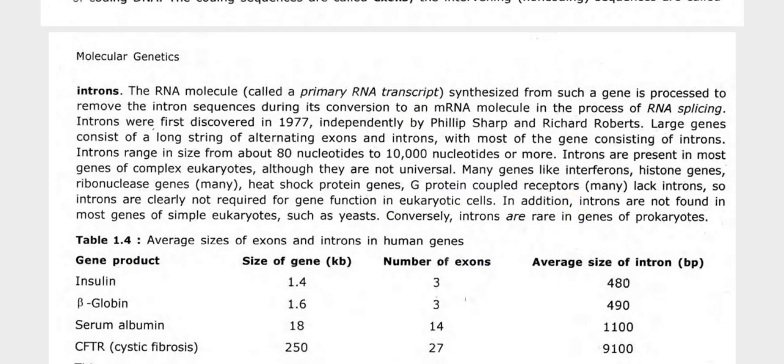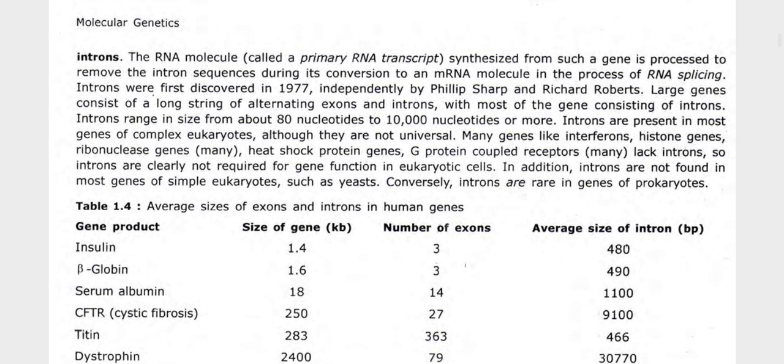Introns were first discovered in 1977 independently by Philip Sharp and Richard Roberts. Large genes consisting of a long string of alternating exons and introns, with most of the gene consisting of introns, were discovered. Introns range in size from about 80 nucleotides to 10,000 nucleotides or more.